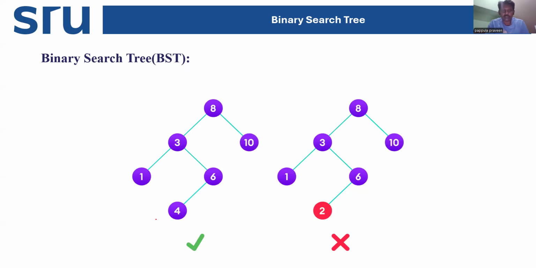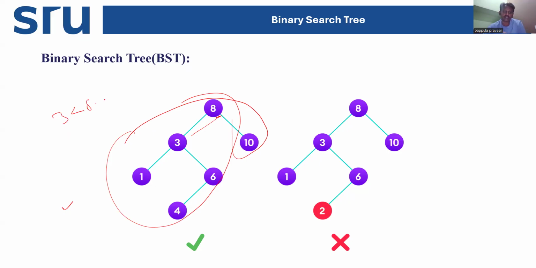Now coming to the first example: 8, 3, 10, 1, 6, 4. This is a binary search tree, and it is satisfied because 8 is the root node. What about 3? 3 is less than 8, so it goes to the left side. And 10 is greater than 8, so you move to the right side.